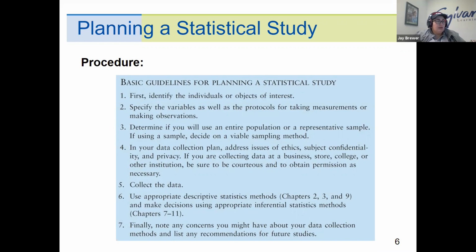You want to determine if you will use an entire population or a sample. If using a sample, you have to decide on a viable sampling method. So typically, even though you end up working with samples, it's obviously easier if you just say that you're going to work with a whole population.